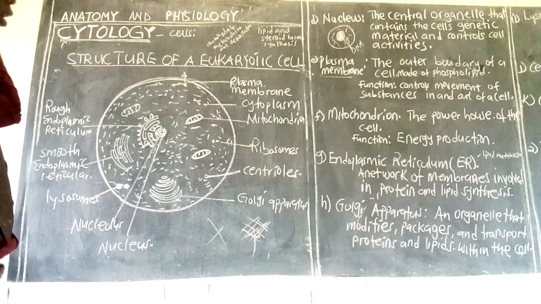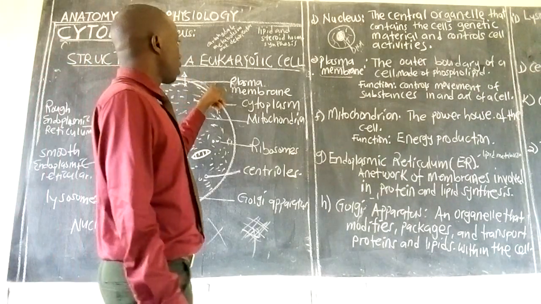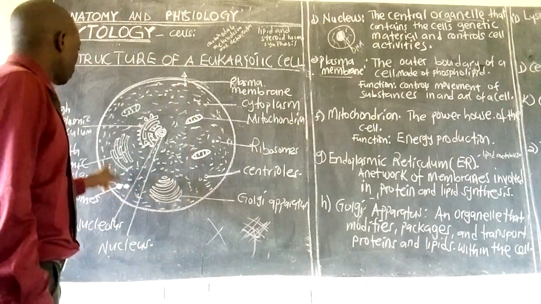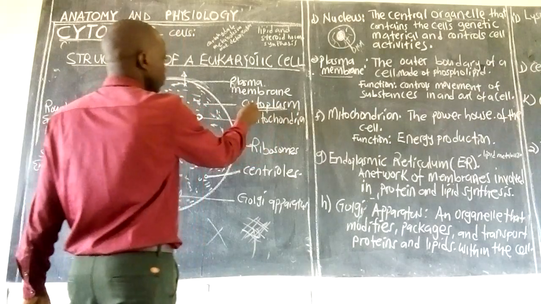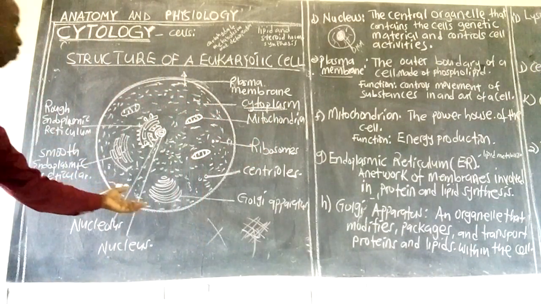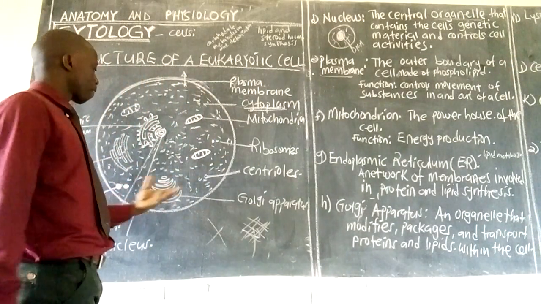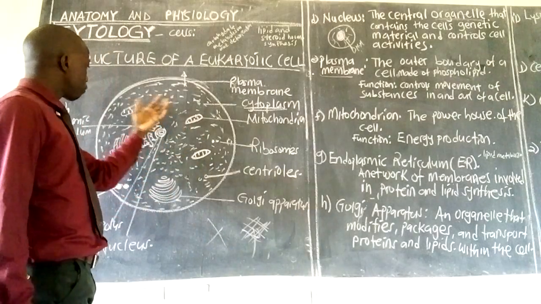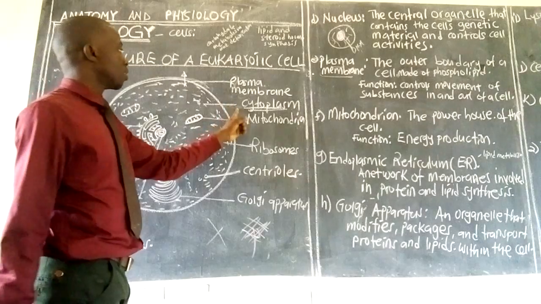Like I said, there are three: the nucleus, the plasma membrane, and the third one is what we call the cytoplasm. The cytoplasm is the fluid matrix within the cell. This fluid provides movement for all these inner cell organelles.